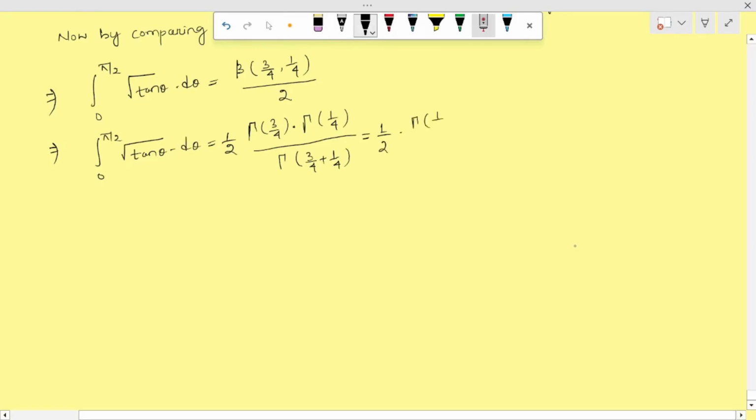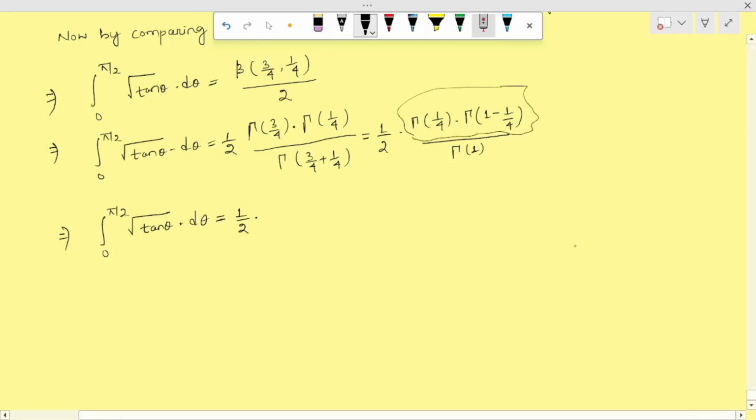This can be written as gamma 1/4 into gamma 3/4, which can be written as gamma of 1 minus 1/4, by gamma 1, right. That implies the integral will be equal to 1/2. Here gamma 1 is 1, we know this value already, we have proved this type of thing.